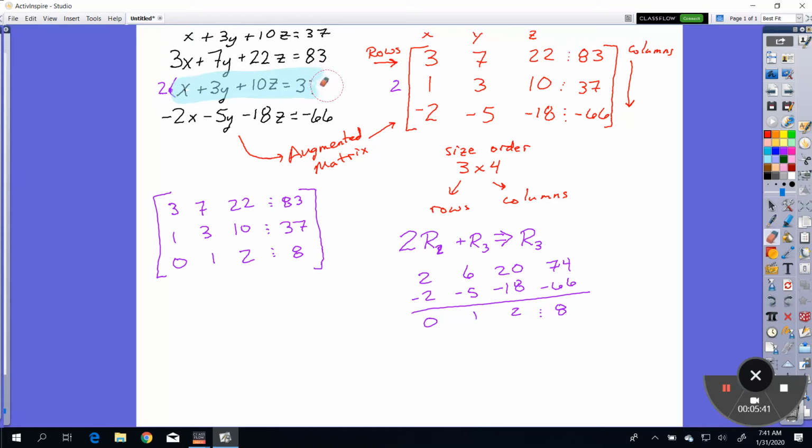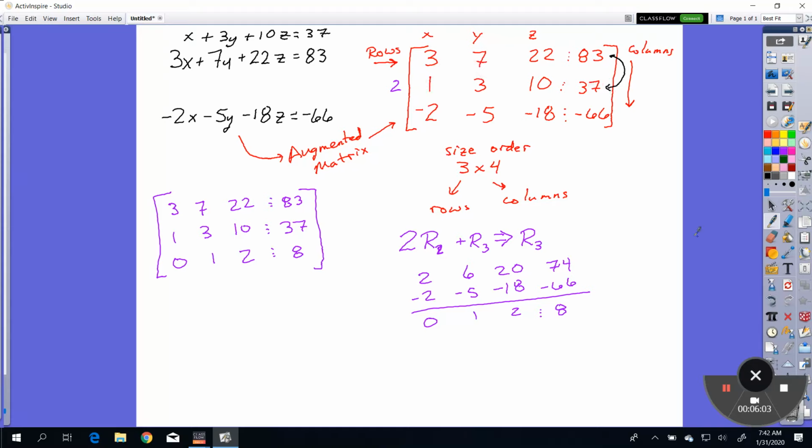I haven't changed anything by putting it there. All I've done is put it at the top, and I still have my three equations. So you can do the same with these. You can swap rows. It doesn't change anything. You're just swapping the places of where they are.